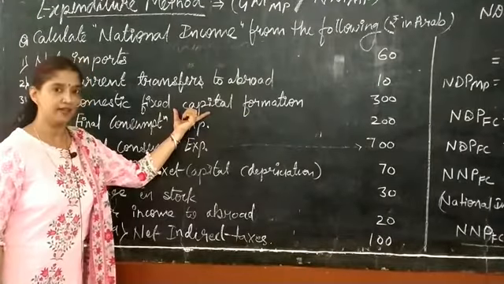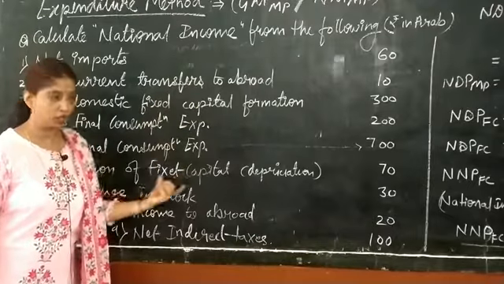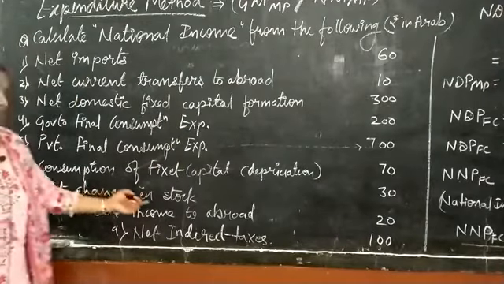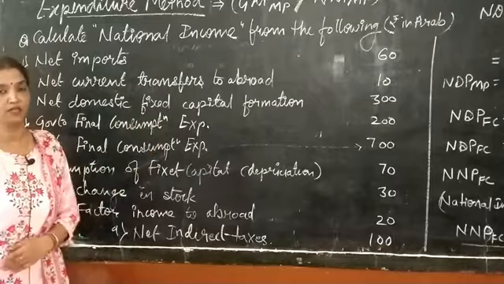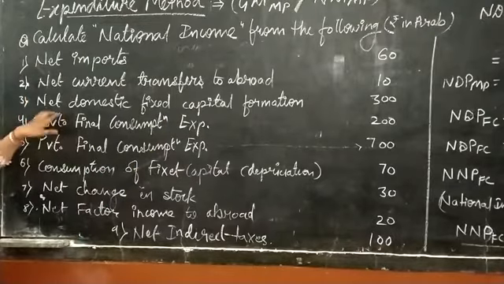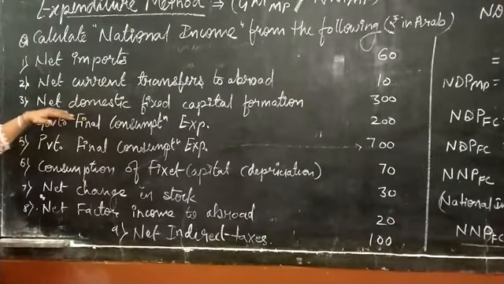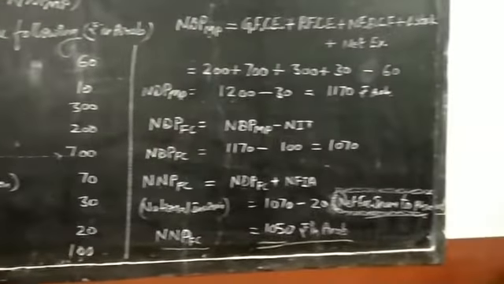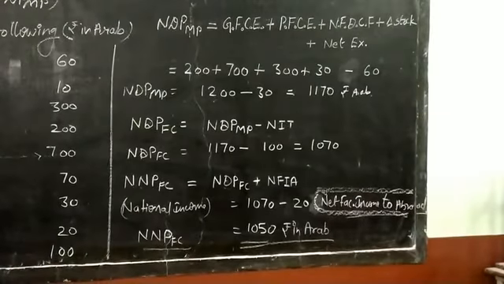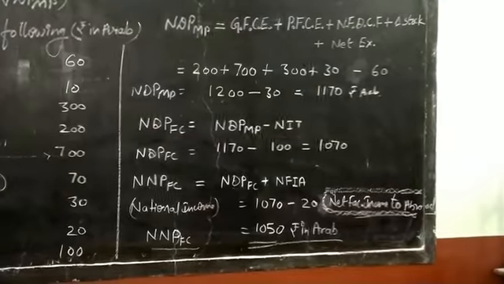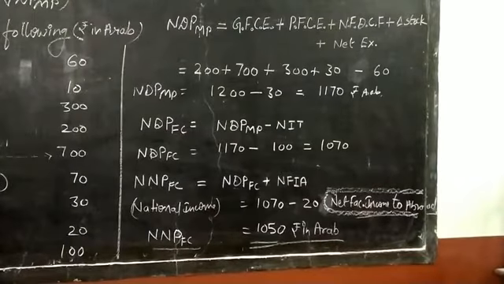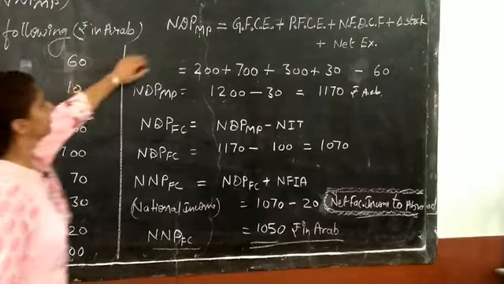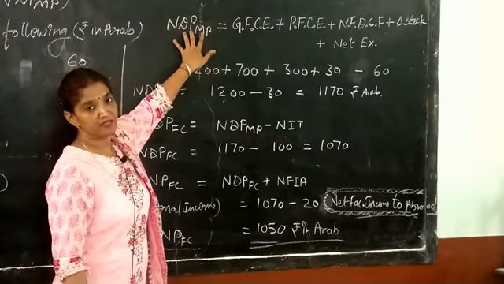By adding to this value the net change in stock, we get net domestic capital formation. So the domestic capital formation is given in terms of net. That's why we estimate the national income in terms of NDP at MP, and the value will be measured in terms of NDP at FC.